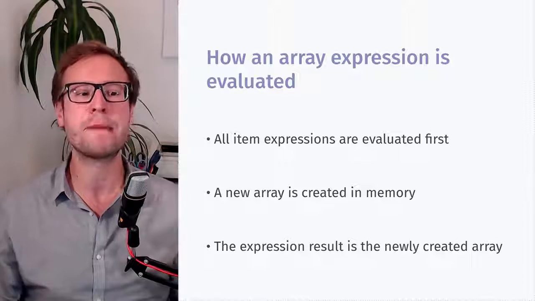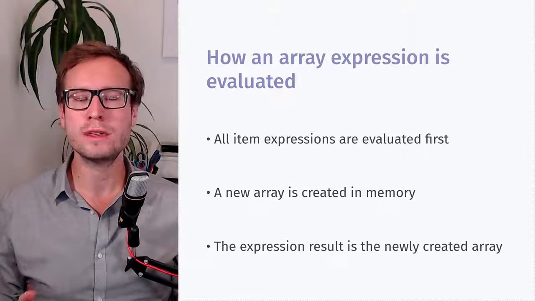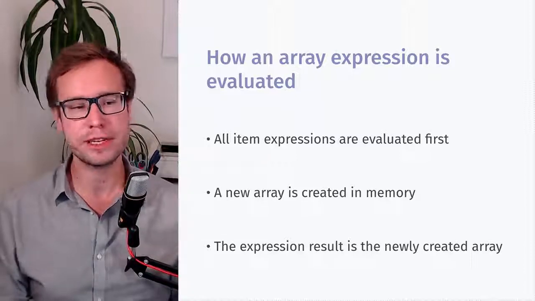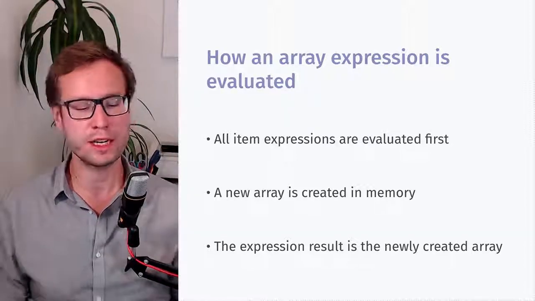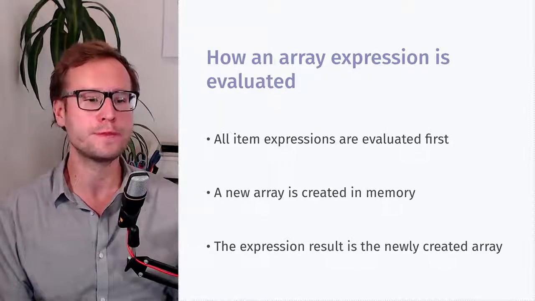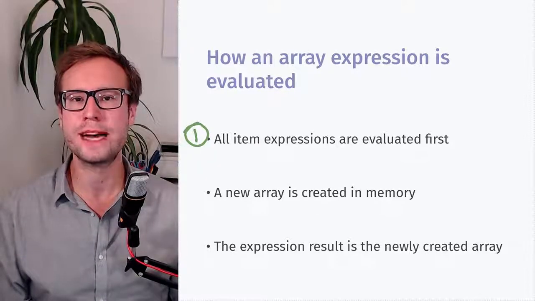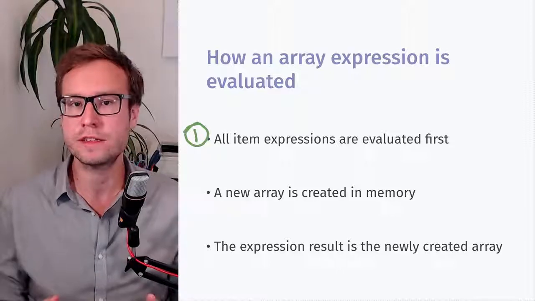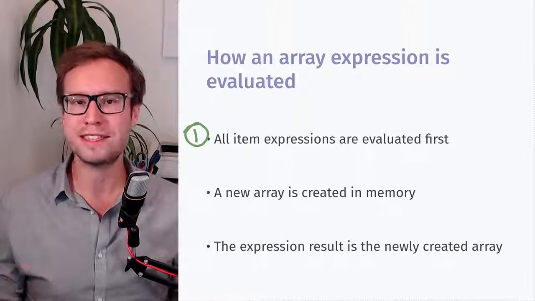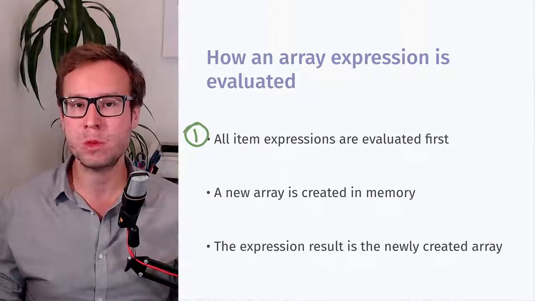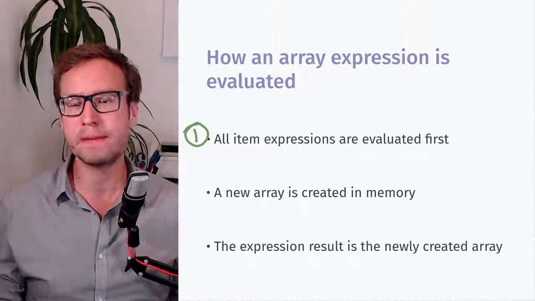In fact, here's a way to sum it up. Okay, let's do a recap. How is an array expression evaluated? In 3 points. Number 1, all item expressions are evaluated first. In other words, we need to first know when this evaluation begins what the items are going to be. What are we putting into the array?